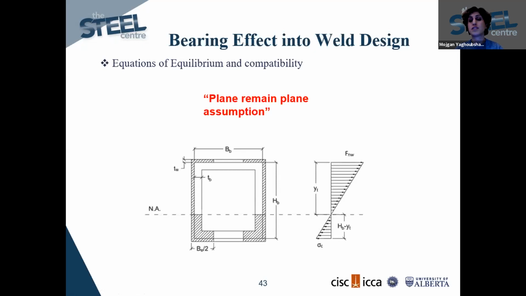This is not something that is being considered in the current design formula in AISC. They just consider the weld. They don't consider this portion, which is the chord, actually contributing in transferring the load.